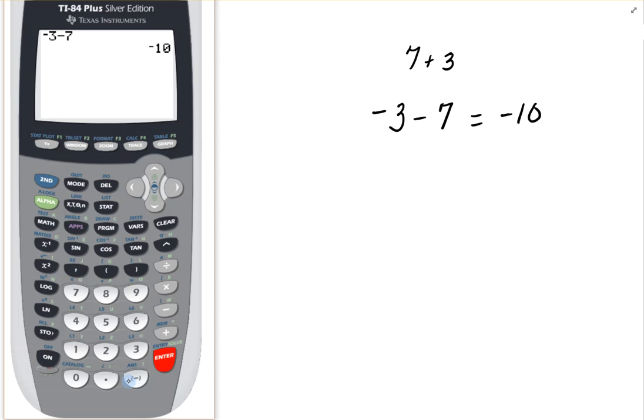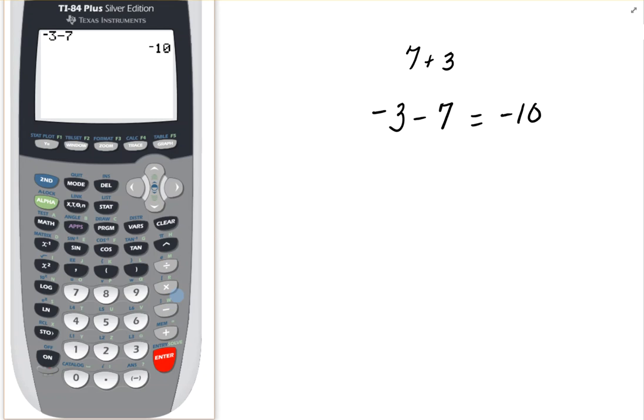So anytime I talk about this key down here, I'm going to call it negative. Sometimes I will say opposite of, but the bigger one over here is subtraction. If you try to use this one as the negative key, you might get a syntax error, or it might just do something different than you expected.